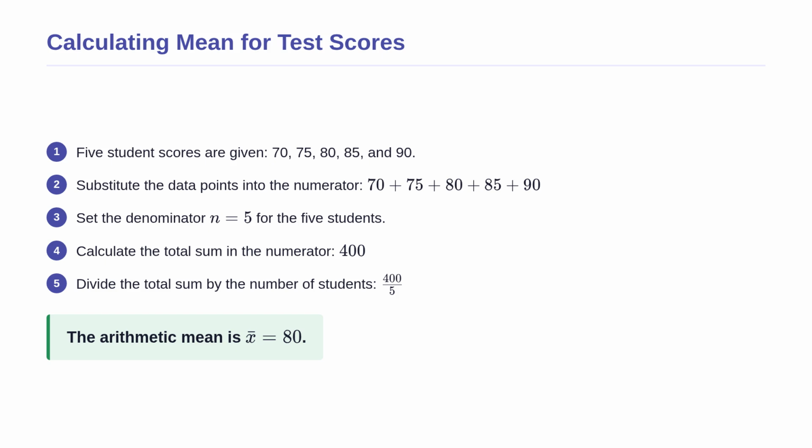First, we substitute our 5 data points into the numerator and prepare to add them up. We set n equals 5 in the denominator because there are exactly 5 students. Adding the scores gives a total sum of 400. Dividing 400 by 5 gives us an arithmetic mean of 80. Physically, this means the baseline performance of the student group is 80 marks.